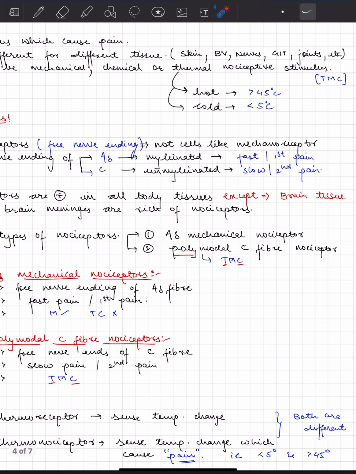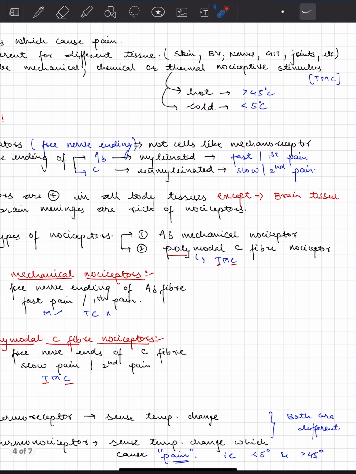According to that classification, the nerve fiber which has a large diameter has the fastest conduction velocity. Therefore, the nerve ending which has A delta fiber causes first pain or fast pain, that is, the pain is forwarded in fast time, and this one is slow time.